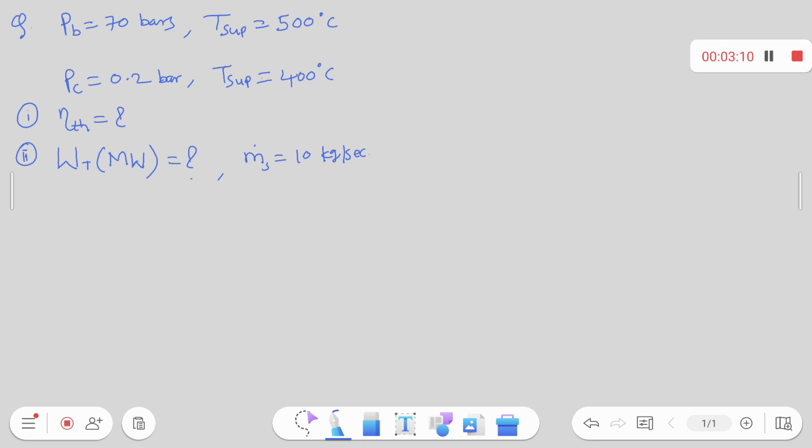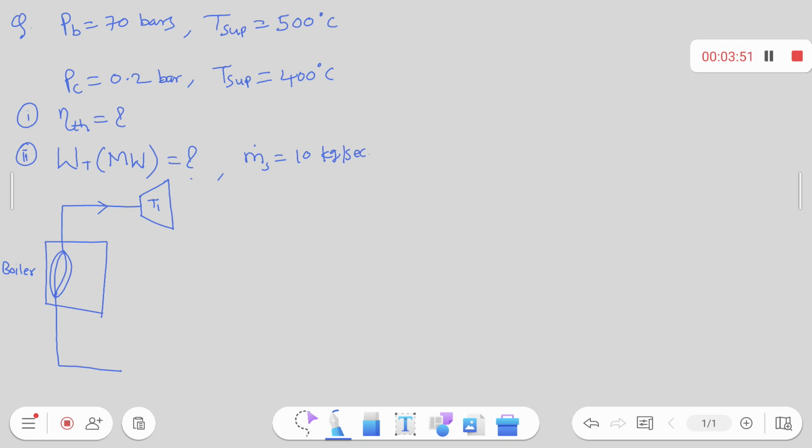So here, this is the boiler, where water converts into the steam and then it is sent to the first steam turbine T1, where it expands isentropically.